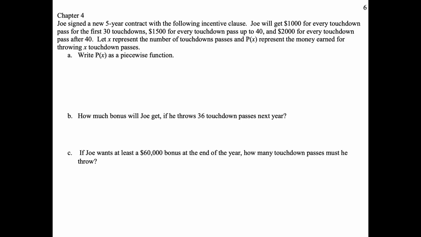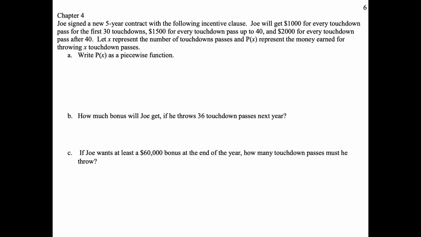All right, so we got a football player, Joe. He signed a new 5-year contract with the following incentive clause. Joe will get $1,000 for every touchdown pass for the first 30 touchdown passes he throws. Then he's going to get paid $1,500 for every touchdown pass from 31 to 40.